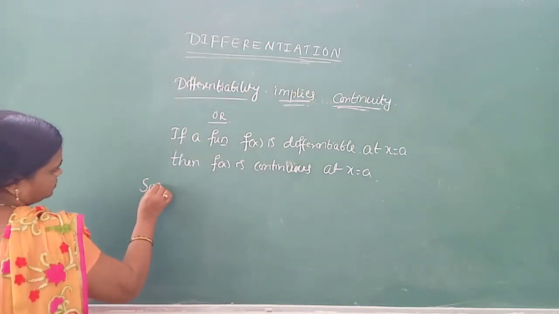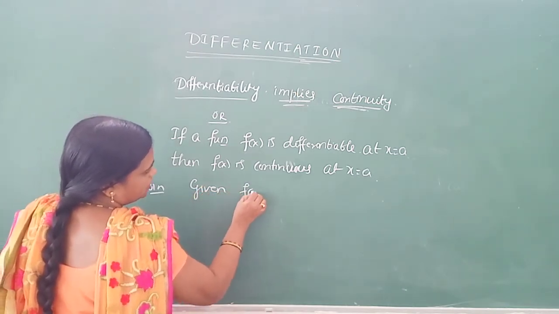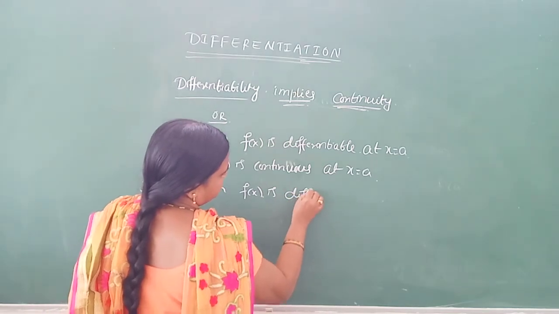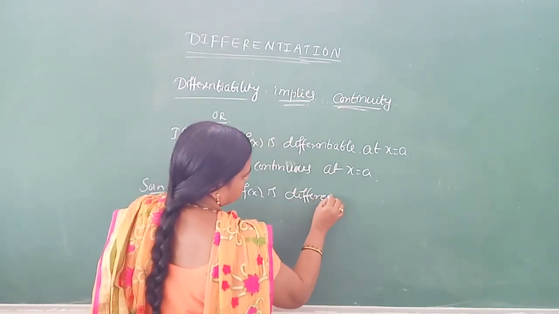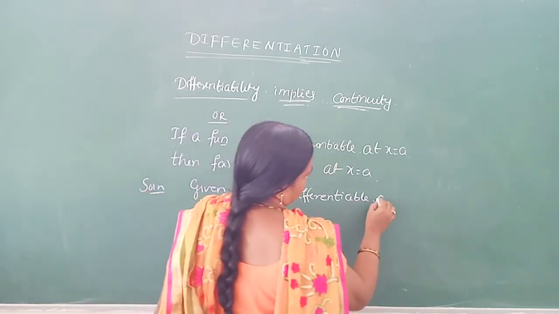Solution. Given f of x is differentiable at x equal to a.